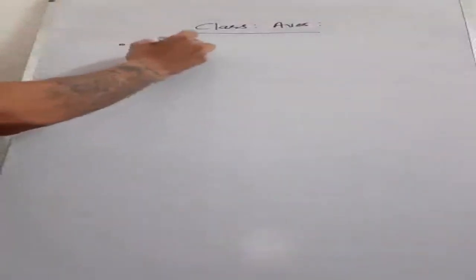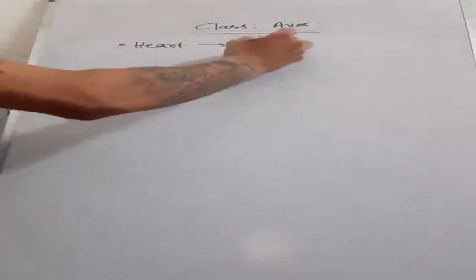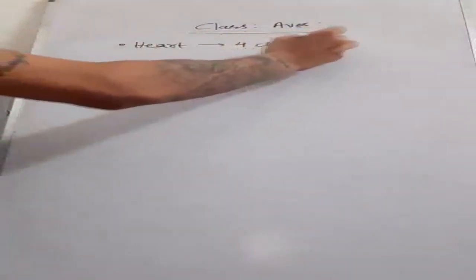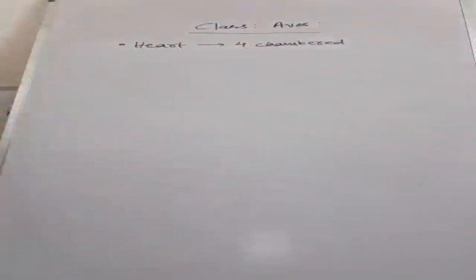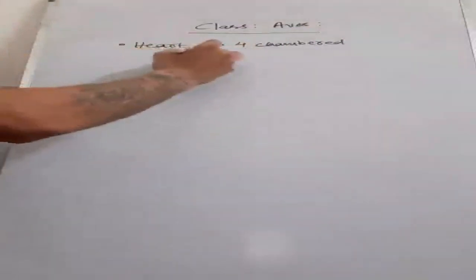So, in case of heart, the heart is four chambered, and they don't have sinus venosus.